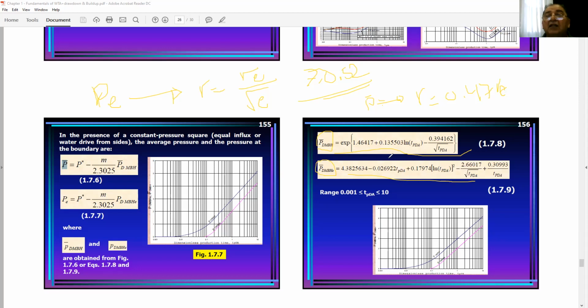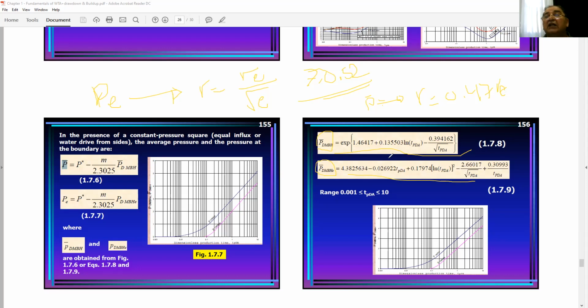So let me summarize what we have known so far from the first technique to calculate average reservoir pressure using pressure buildup tests by the MBH method that Matthews, Brons, and Hazebroek proposed. What you need to do is draw your pressure data using the Horner plot on semi-log.